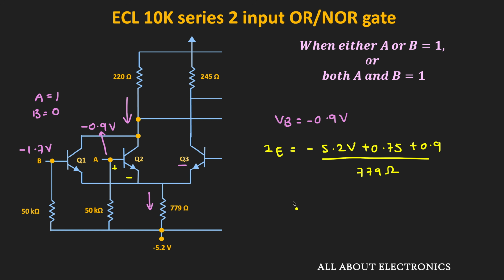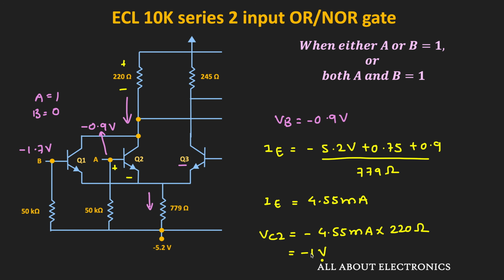So if we calculate the value, then this emitter current will be roughly equal to 4.55 milliampere. And in that condition, the drop across this 220 ohm or this VC2 will be equal to minus 4.55 milliampere times 220 ohm. So that is roughly equal to minus 1 volt.